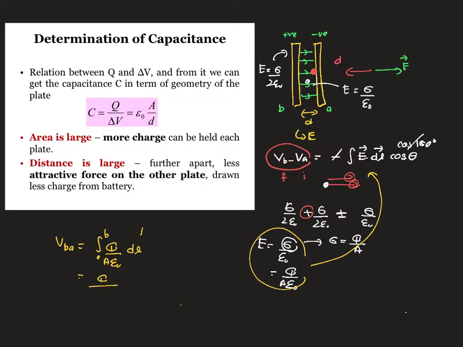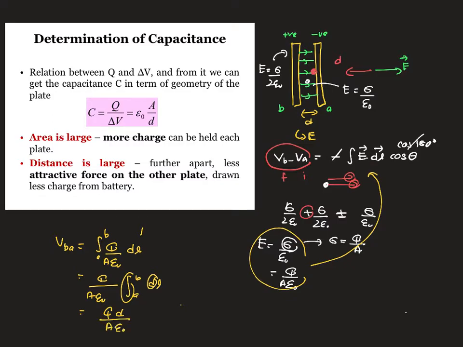That's the reason why you can put them outside. So you integrate dl from A to B, and you get L, which is d at the end, so you get Q d over A epsilon naught.